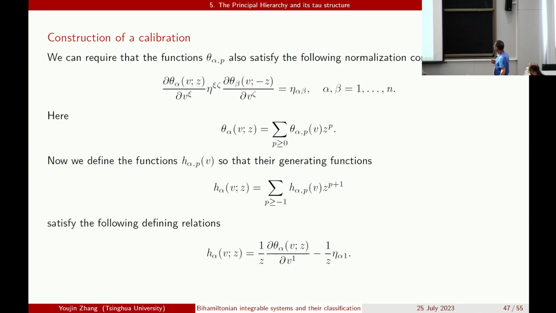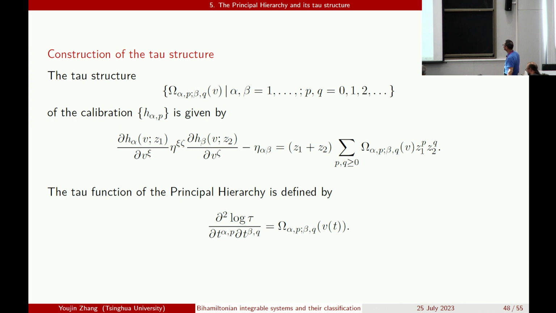So we can construct these functions theta alpha p. Then using these functions we can define the density of Hamiltonian H alpha using this formula. So we actually give an algorithm to construct this calibration.